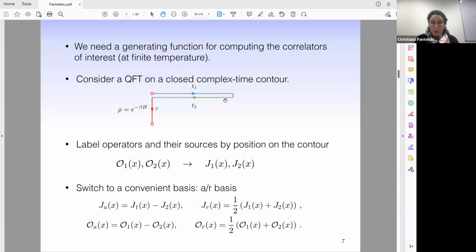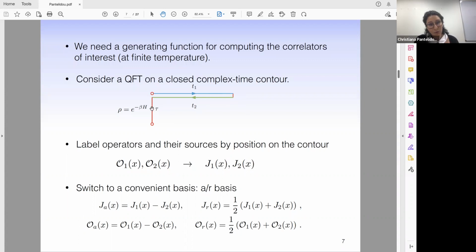Then we have segment 2 that is also Lorentzian and it flows backwards in time and is parameterized by time t2 that goes from t final down to t equal 0. And then we have a third segment that is now Euclidean and it's parameterized by this Euclidean time tau.